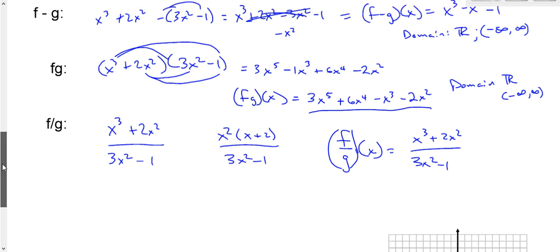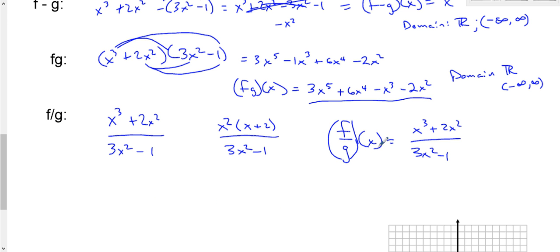But when I get to f over g, I have a fraction. So my domain is restricted by the fact that I have a variable in the denominator, and I need to find out when 3x squared minus 1 is equal to 0, so that I can say it cannot equal 0. So I'm going to add 1.